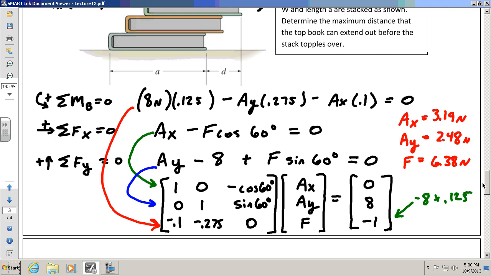Well, 8 times 0.125 is 1, but I bring it to the other side so it becomes minus 1. Now the top equation here, the second equation, just says AX minus F cosine 60 equals 0. Well, 1 times AX plus 0 times AY plus minus F times minus cosine 60 equals 0. That's how you get it.